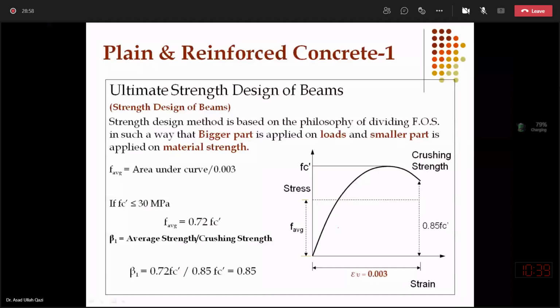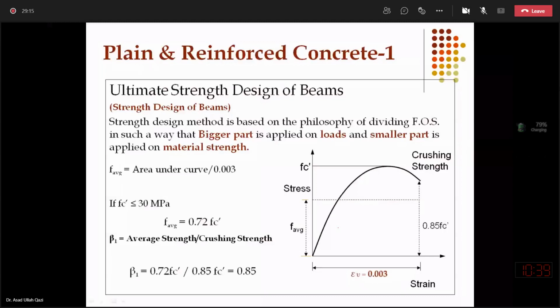Then I will multiply this stress with the area on which it is present above the neutral axis, and I can accurately calculate the resultant compressive force C developed by the concrete.